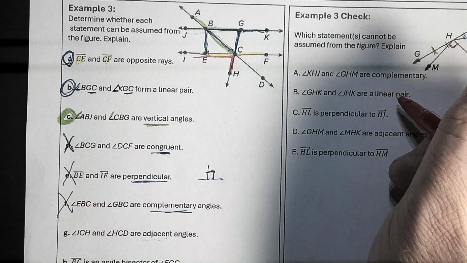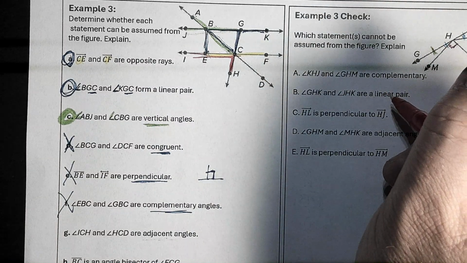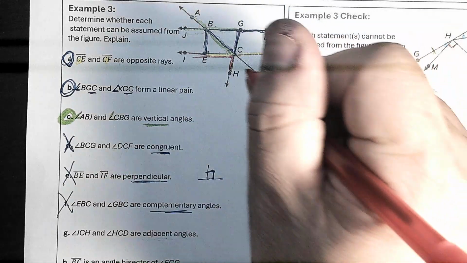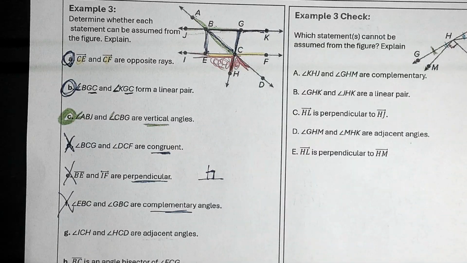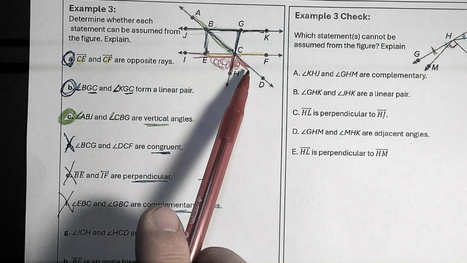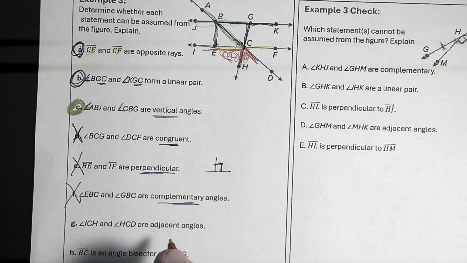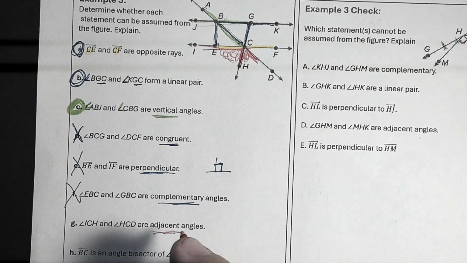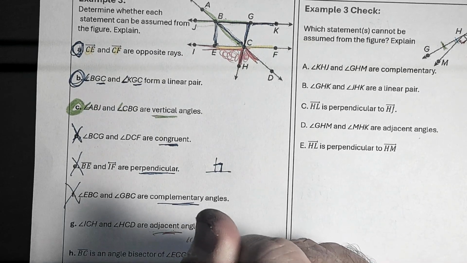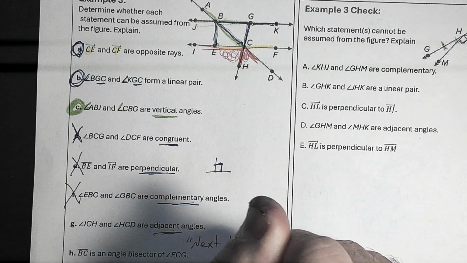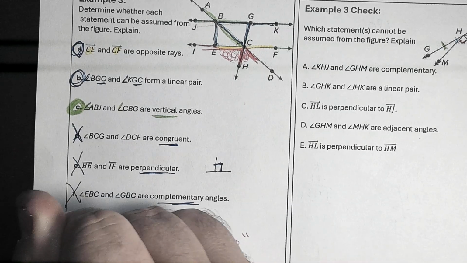ICH and HCD are adjacent. If I color these both in red, whenever the focus comes back, you'll see that the red guys are next to each other. And adjacent means next to, so that one's a good.